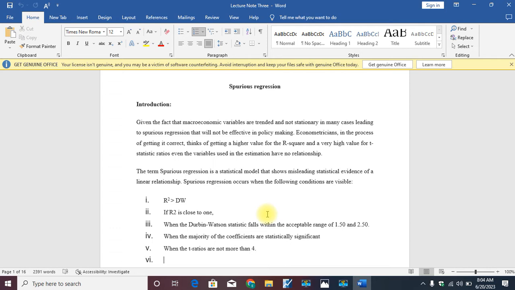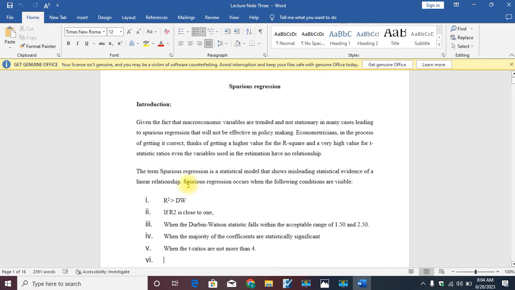And econometricians, in the process of getting things correct, try to achieve higher R-squares and very high values for the t-statistics ratios. And these decisions, most of the time, are even taken when the variables in question are not related. So spurious regression is a statistical model that shows misleading statistical evidence of a linear relationship.